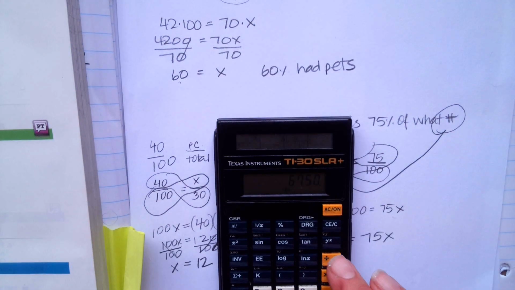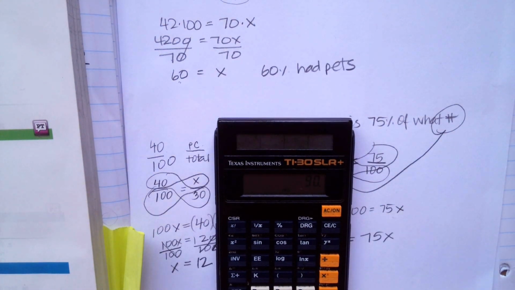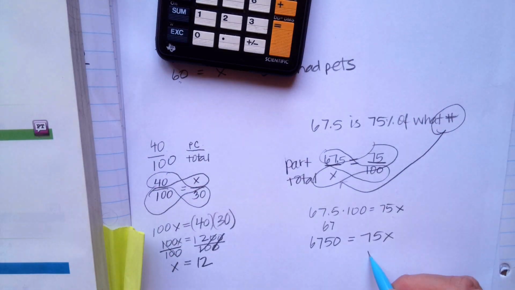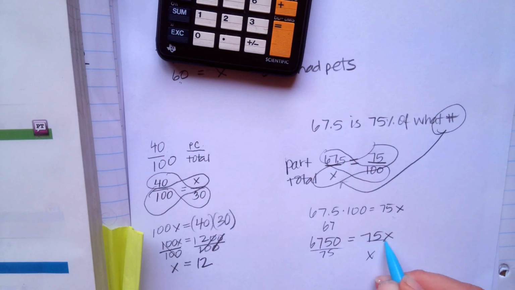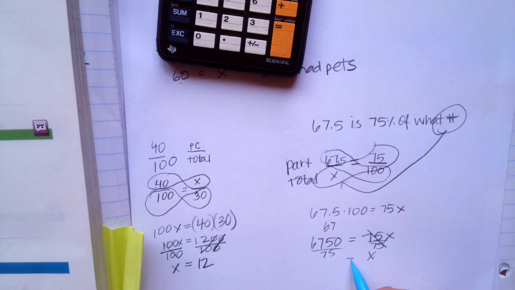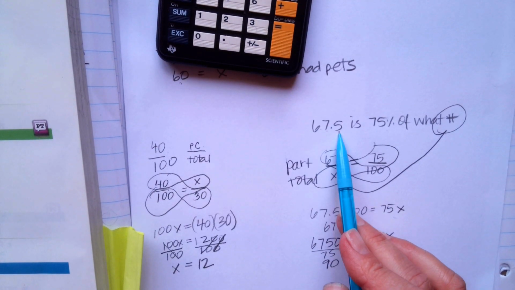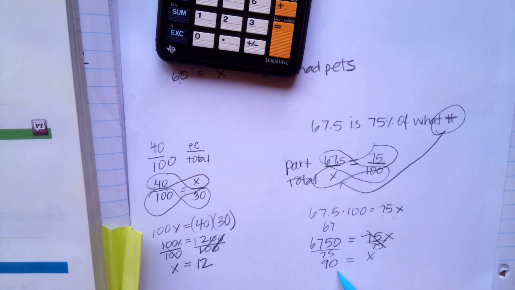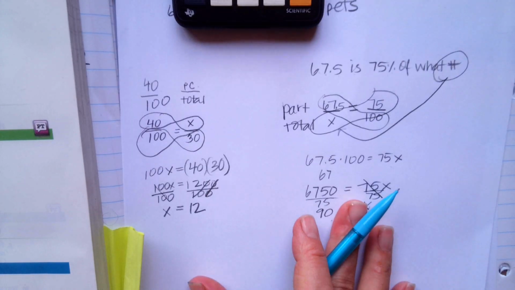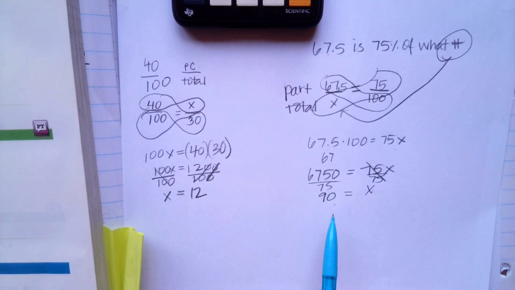So now we divide by 75 and our answer is 90. So 67.5 is 75% of 90. And we don't need a label like the percent that we did before. This is our answer, 90.